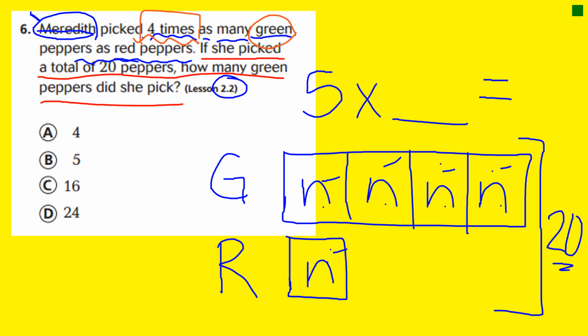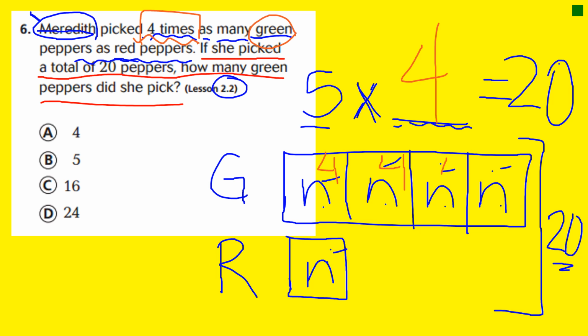Equals 20 peppers. So 5 sets of how many to get 20? I know you know that fact, right? 4. So each of these has 4. Each set has an equal number, which is 4.